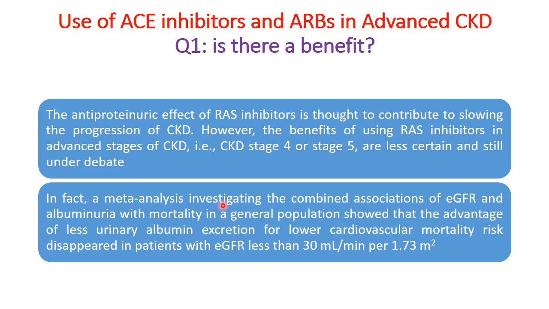In fact, a meta-analysis investigating the combined association of GFR and albuminuria with mortality in the general population showed that the advantage of less urinary albumin excretion for lower cardiovascular mortality risk disappeared in patients with GFR below 30.